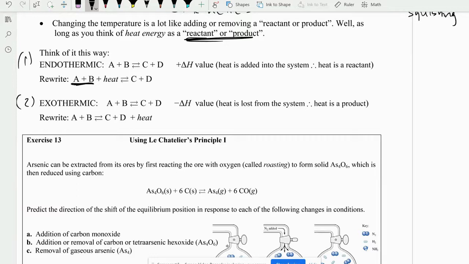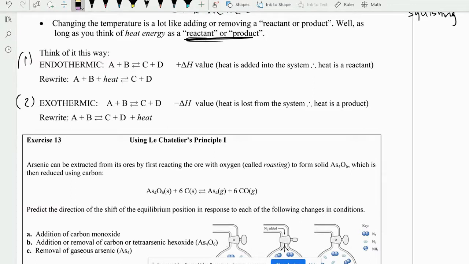In an endothermic reaction, you can see here that our enthalpy values are positive. Positive enthalpy values tell you that the heat energy being added is going into the system. That's what that positive value tells you. In this case, consider heat as a reactant, and you can see that it was written here as a reactant, okay?